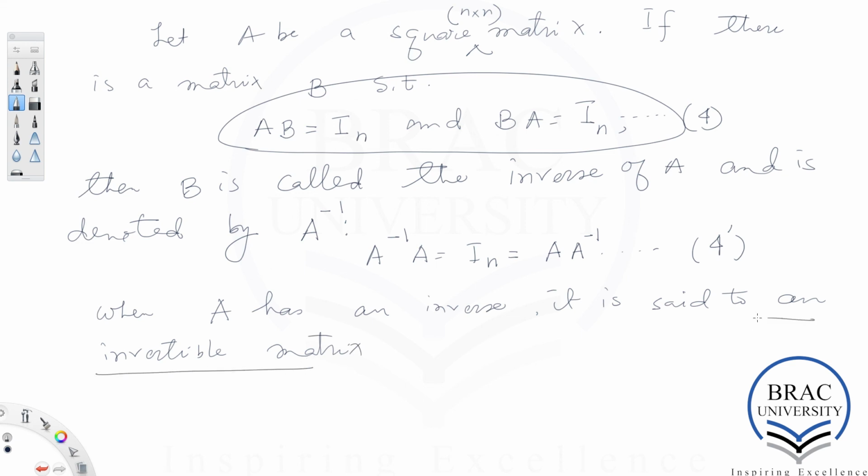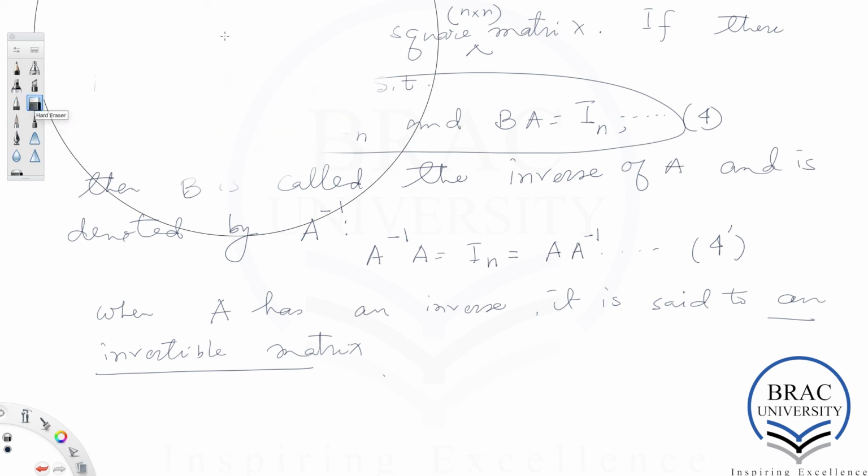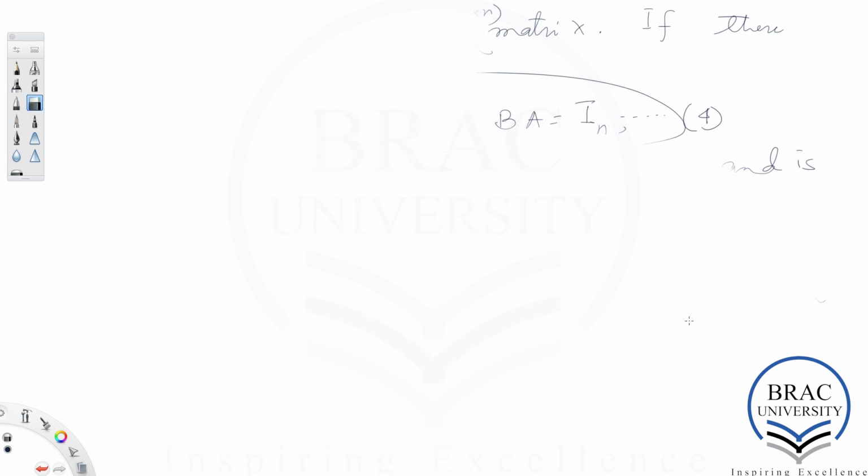Okay, good. So let me give you an example. We are given a matrix A, 2, 1, 5, 3. It's a 2 times 2 matrix.